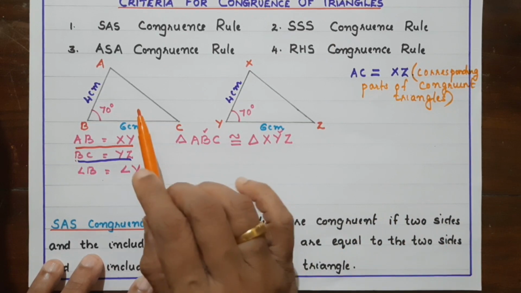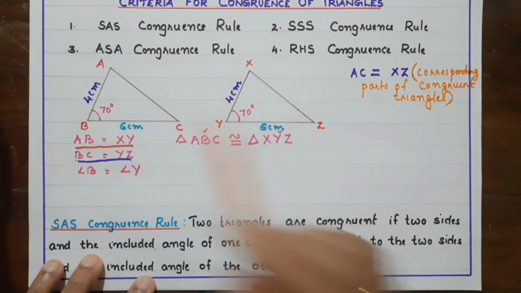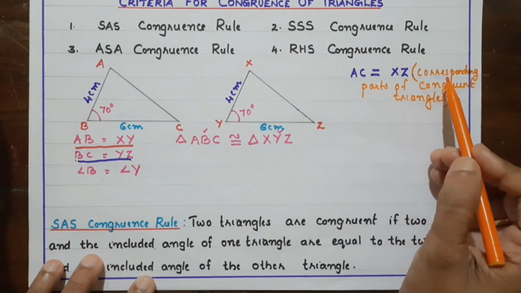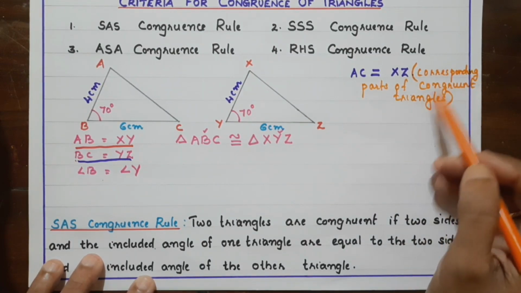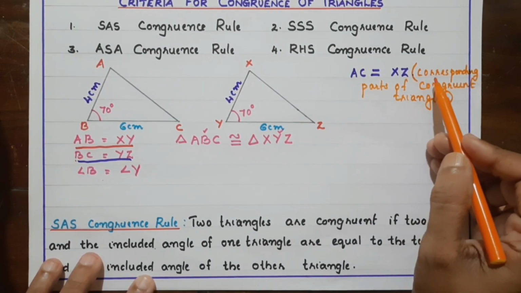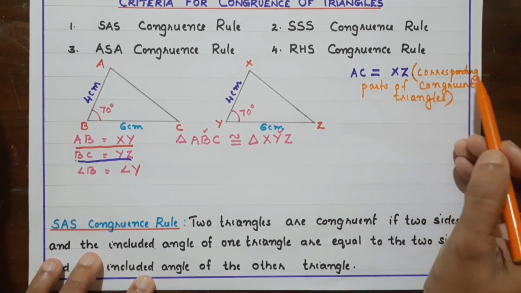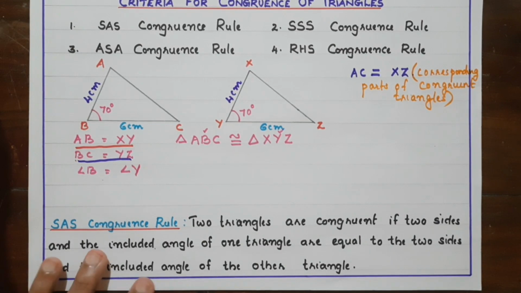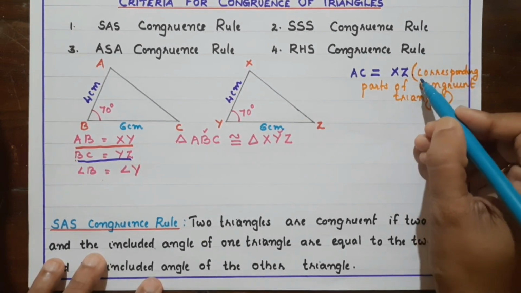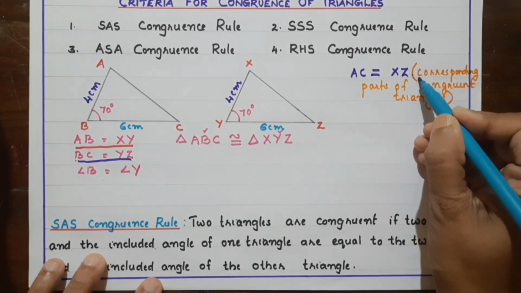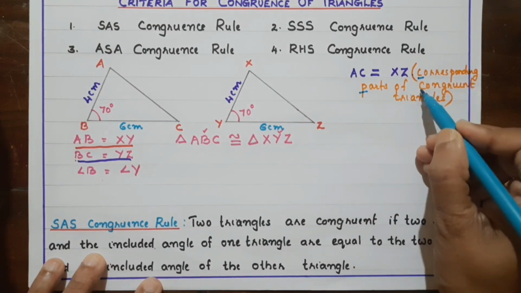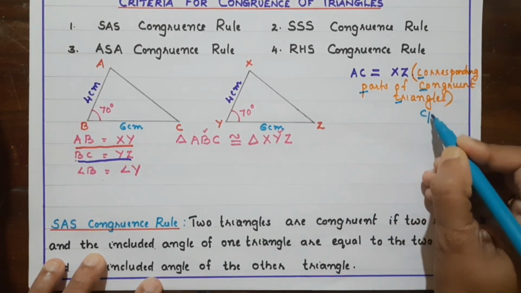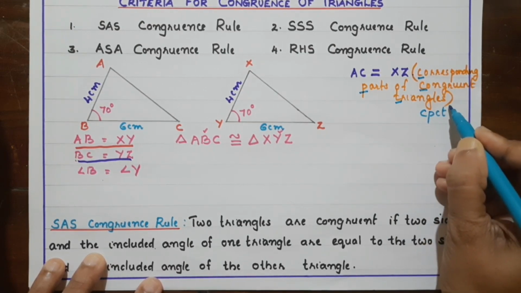Then first you will prove triangles are congruent, then you can say the remaining sides equality by using this reason. And here we are not always writing this complete statement. We are writing by taking the first letters, C, P, C, T. Okay, so C, P, C, T.